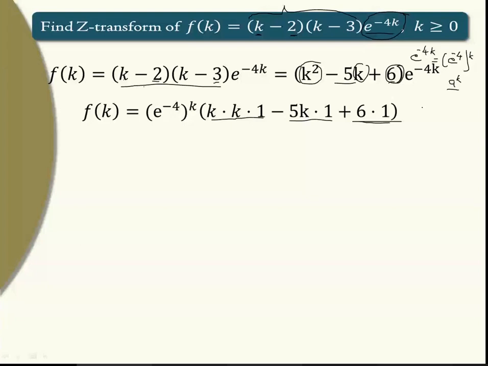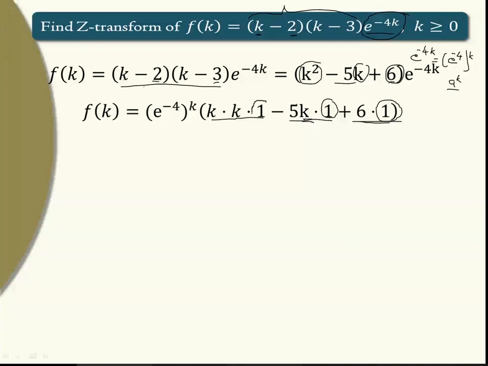So now what to do? How to get the Z transform of this? First, find the Z transform of 1. Then multiplication by 6, no problem. It is just a constant term, we can take it outside. The Z transform of 6 into 1 will be the Z transform of 1 into 6. Then after getting the Z transform of 1, use the multiplication by k property, k into f of k.